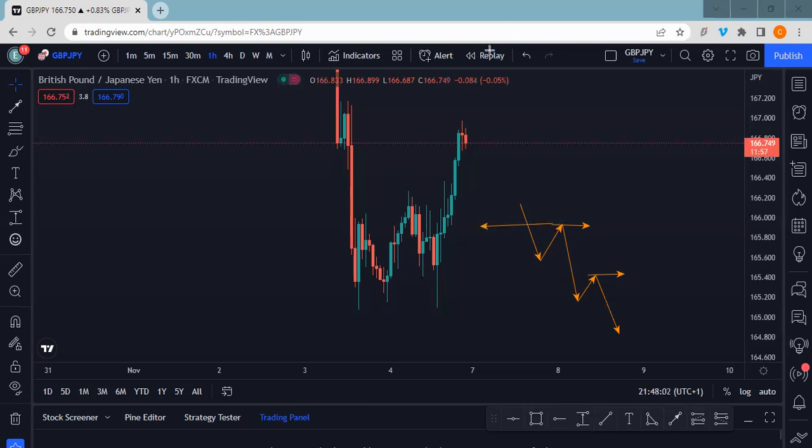If there was a resistance or a support formed at the left-hand side, and then this V pattern is being created around the same place, and this resistance was created when a small bullish candle closed, or a red candle closed below this, so when there was a fake out.